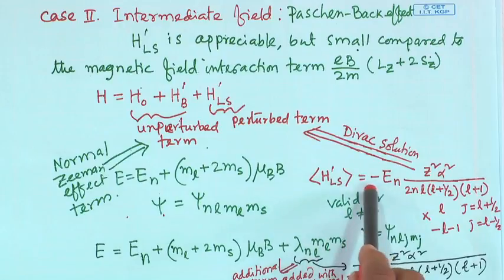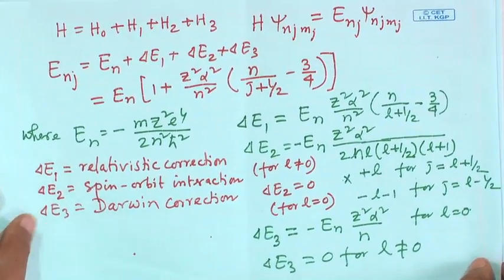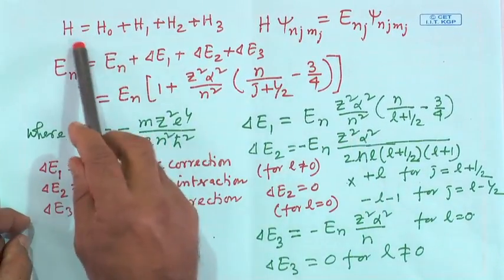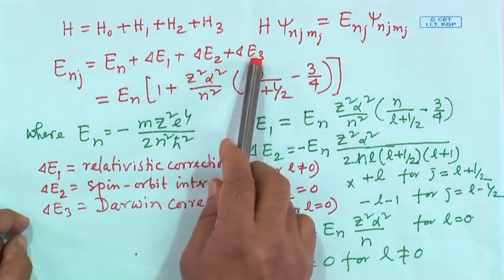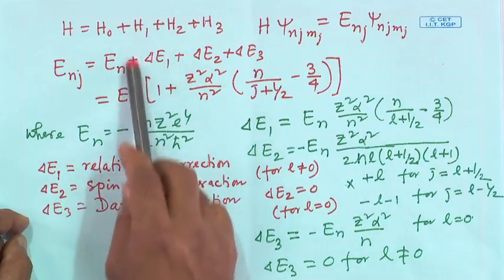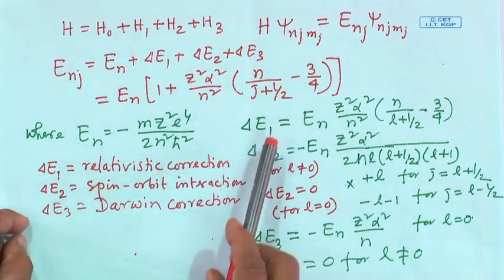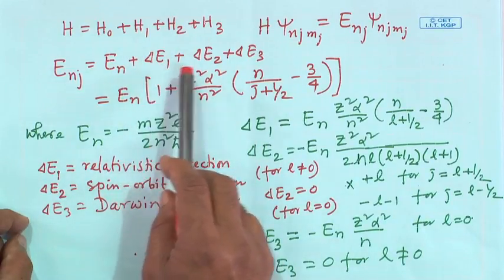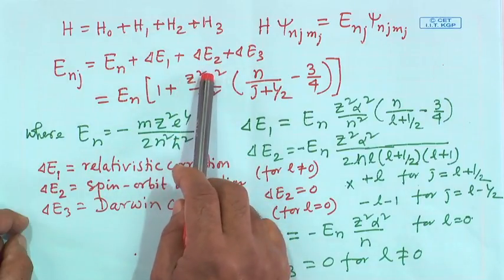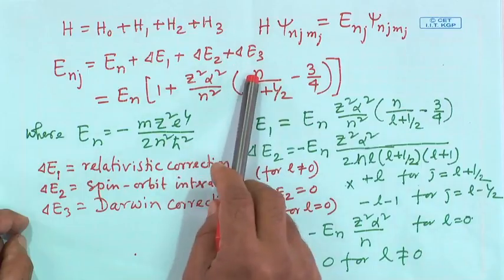We have seen from the Dirac equation Hamiltonian that we found E n and these other three correction energies, and the total energy was this. So, of the correction energies, del E 1 was for the relativistic term, del E 2 for the LS coupling term, and del E 3 was for the Darwin term.